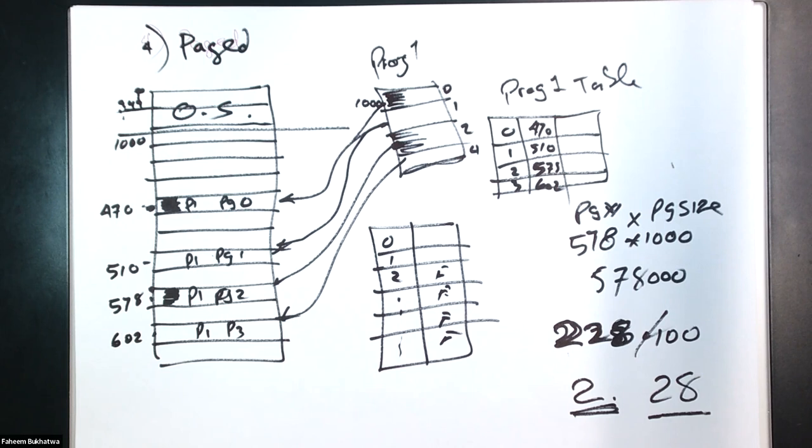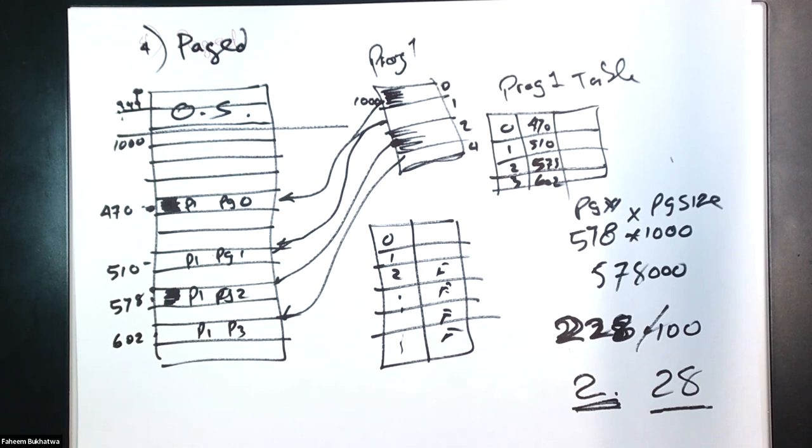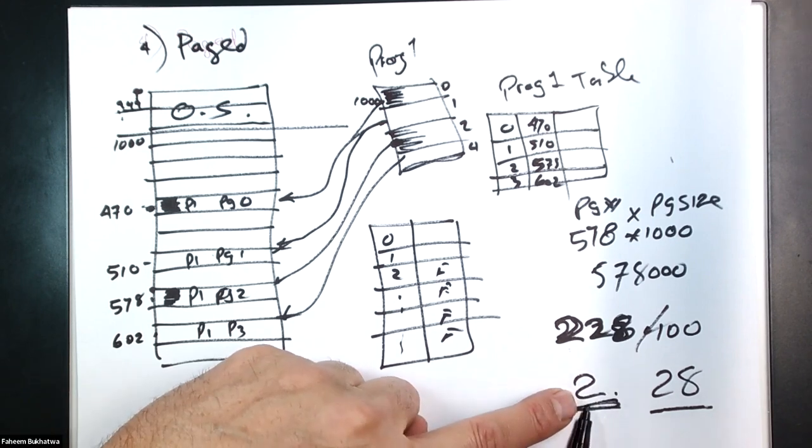If you give it the line number you want to go to in your program, it will divide by how many lines are in every page, how many instructions, the page size. And that whole number will indicate the page, and the fraction indicates the offset from the start of the page. So now it knows, hey, we have to go to page 2.